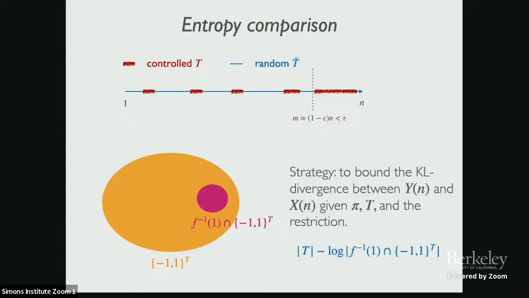We are going to analyze the KL divergence of our process. If you don't know KL divergence, for this case it's just the log of the total minus the log of the size of this ball. So it tells you the fraction of ones in your input.